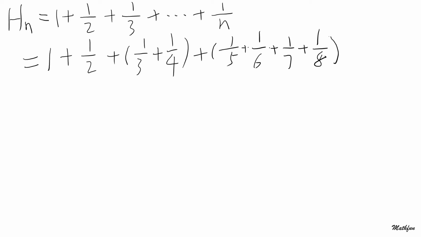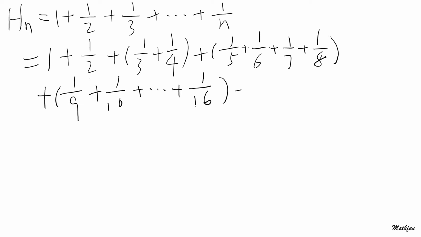We're going to combine them. So you have one number here, two numbers here, and then four numbers. As a matter of fact, you can guess our next item will have 8 numbers, and that's exactly right. You're going to have from 1/9 plus 1/10 and continue until 1/16, don't you? And then you can just continue that way.